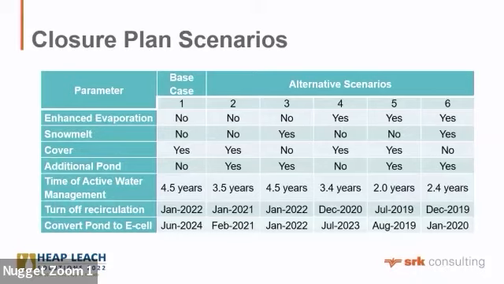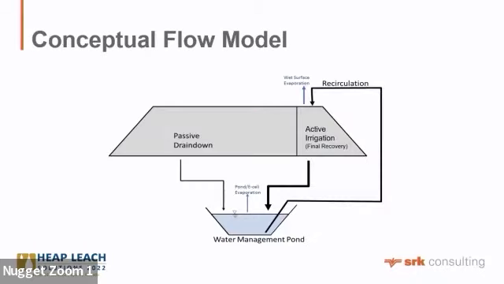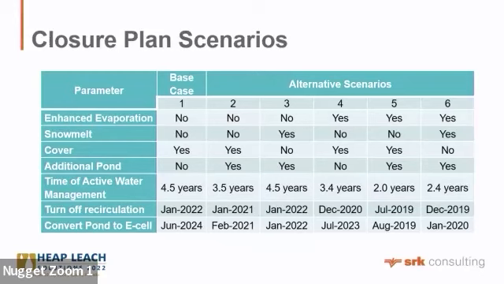And as you can see here, the model is telling us, this is fictitious, but we actually ran the models, anywhere from 2 years to 4.5 years for the transition to passive water management. In this case, we defined transition to passive water management as a maximum flux that comes at us and can be managed in the existing ponds.